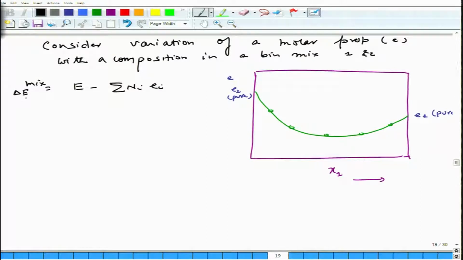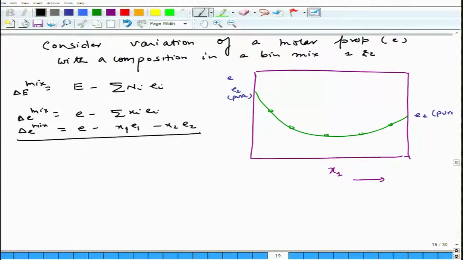We can divide this also by total number of moles and obtain something like, in small e, summation xi ei. So, in the case of the binary mixture, this is x1 E1 minus x2 E2. Okay. Now, this is the definition, right?